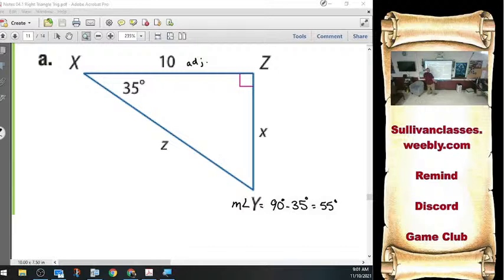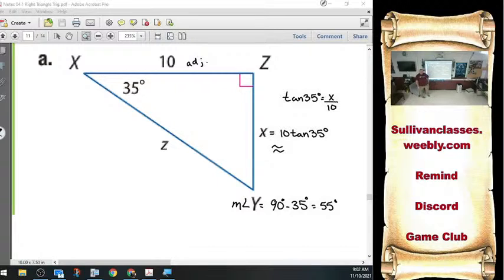So I know that the tangent of 35 is x over 10. Cross multiply, do your thing. I can say x is 10 tangent of 35, and then give the approximation of it.